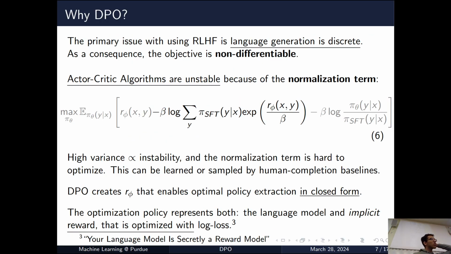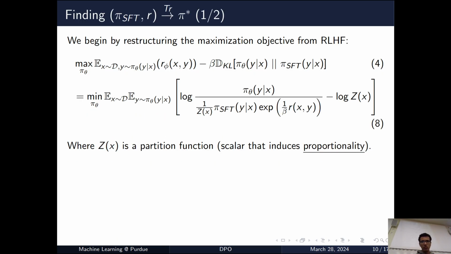Yes. They get the Z of x. They specifically want this partition function to be the same as the normalized form of the probability distribution. The partition function is a normalization constant that makes something a probability distribution.